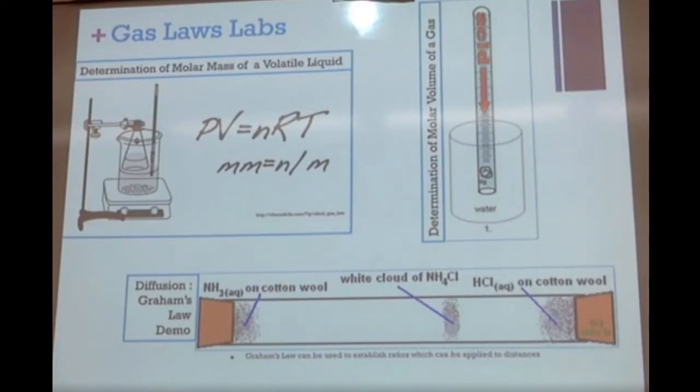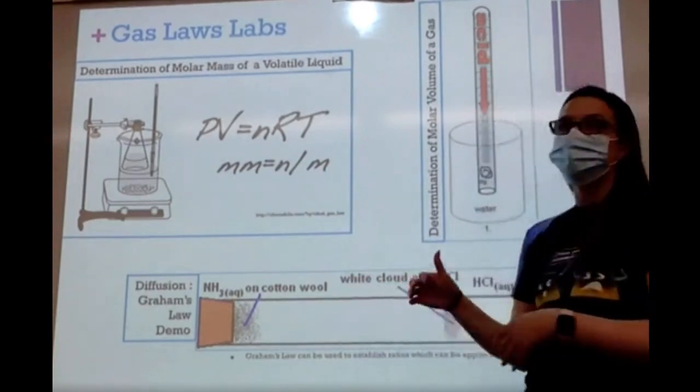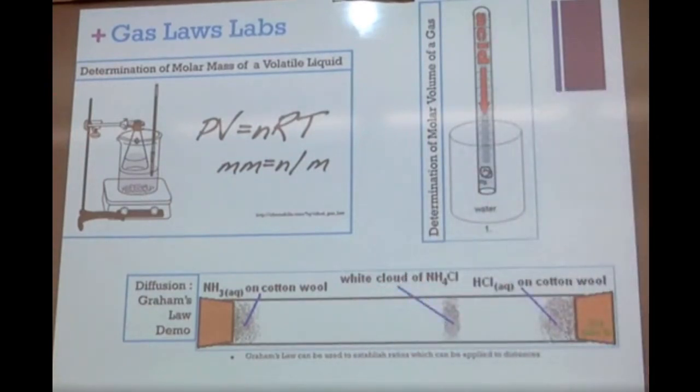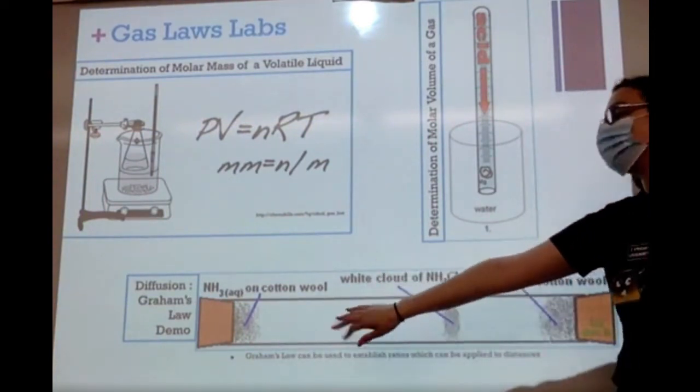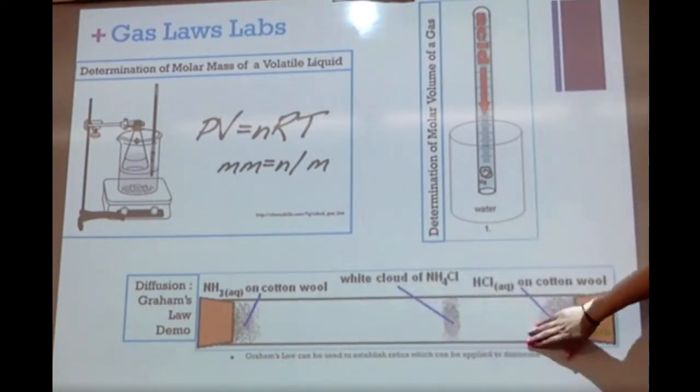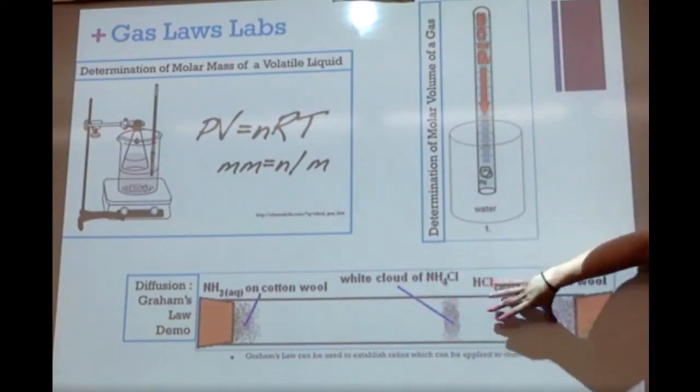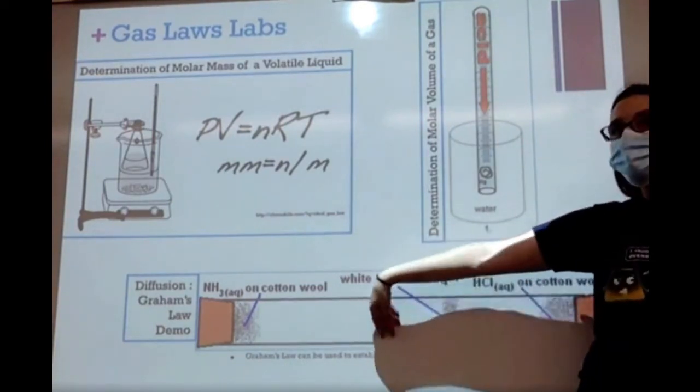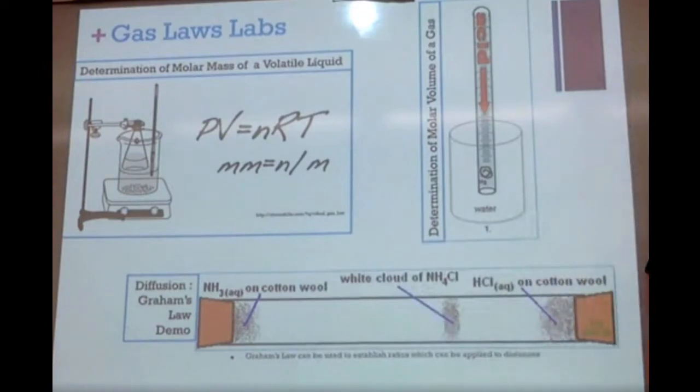The heavier the gas, the slower it moves. That's the idea of diffusion. So when you're looking at how fast the gas will move, the speed of the gas, look at its molar mass. NH3 actually moves faster in the container than HCl because NH3 is a lighter gas. That's why they actually meet closer to HCl rather than in the middle or closer to NH3. Speed is based on molar mass.